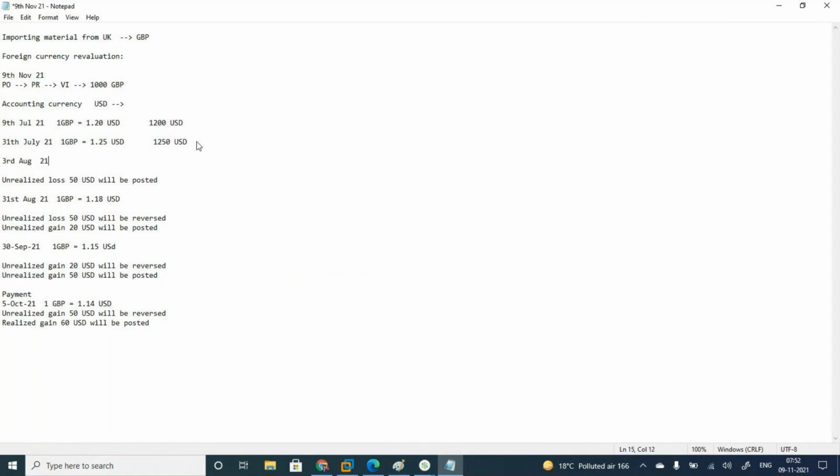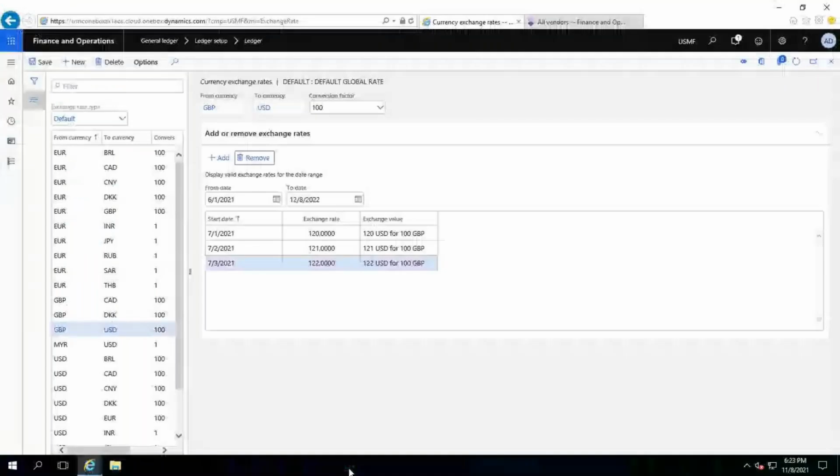Trial balance, he will generate. At that time this foreign currency revaluation should be executed. And even though these exchange rates are available, you are running on 31st July, so it will consider only 31st July. It will neglect the remaining exchange rates.